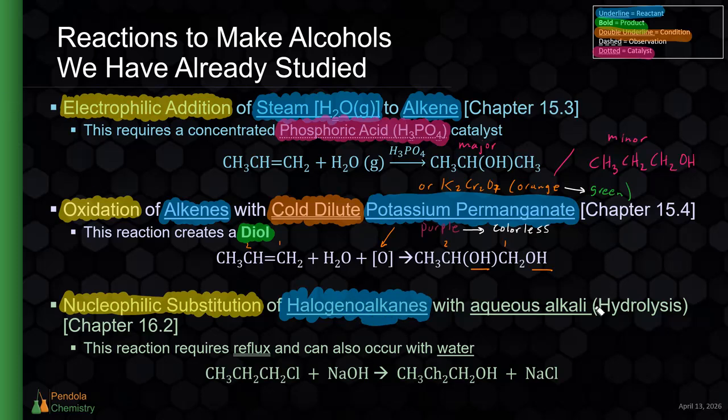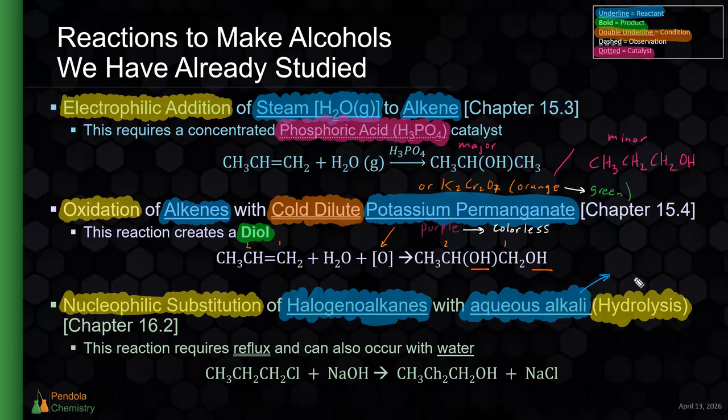So remember, this reaction is actually both a hydrolysis and a nucleophilic substitution, because hydrolysis can be a subsection of nucleophilic substitution reactions. But if we reacted a halogenoalkane with aqueous alkali, and remember, aqueous meaning that there's water involved, and alkali meaning some form of water-soluble base.